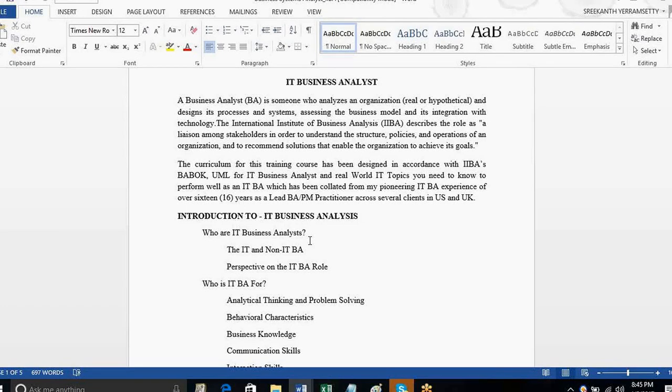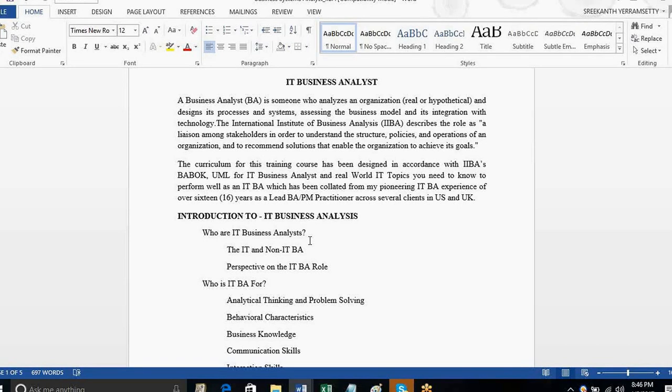So the key difference between the IT business analyst and the general business analyst is that the general business analyst primarily works in the business context, and they are more worried about things like business process improvements, return on investment, or anything else related to a business context.